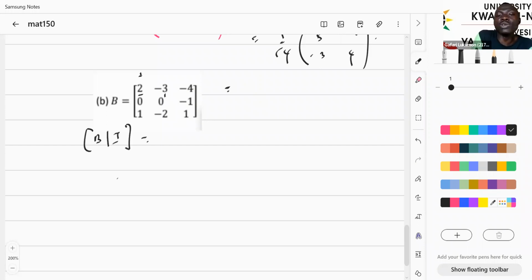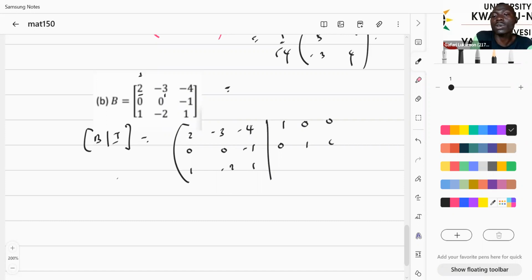Your augmented matrix will now be what? 2, minus 3, minus 4, 0, 0, minus 1, 1, minus 2, 1. You understand now? Then you have 1, 0, 0, 0, 1, 0, 0, 0, 1. I hope you understand now.